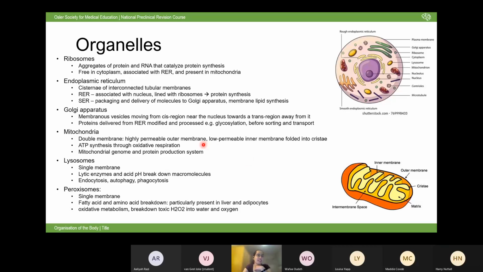So that's the structure and function of a mitochondria, essentially.